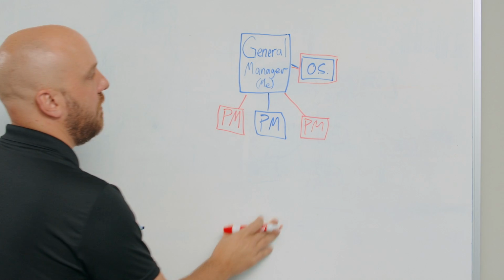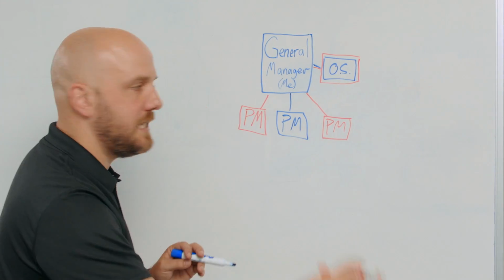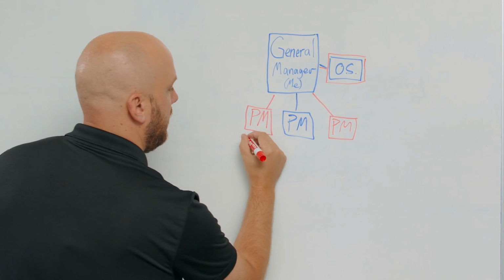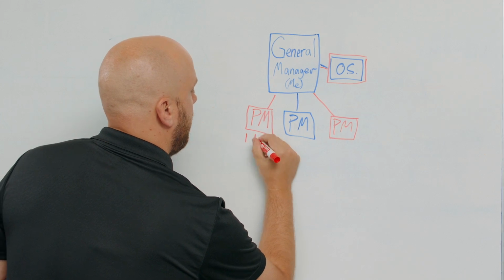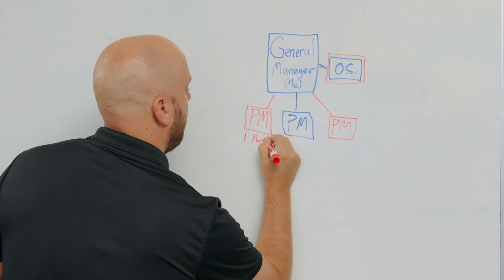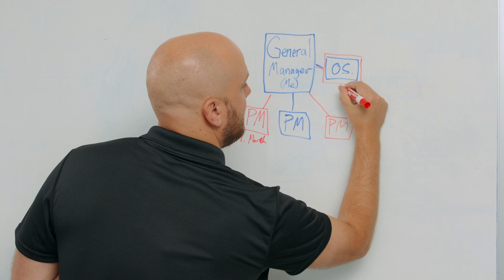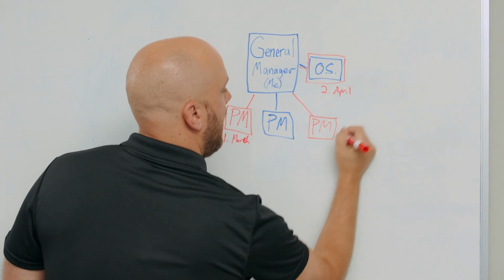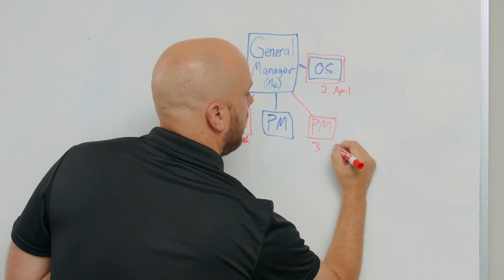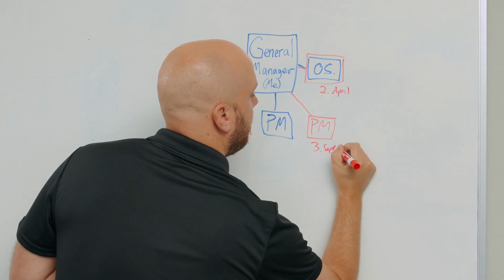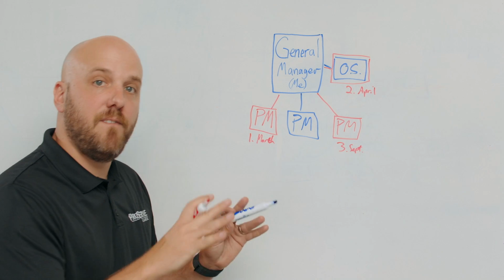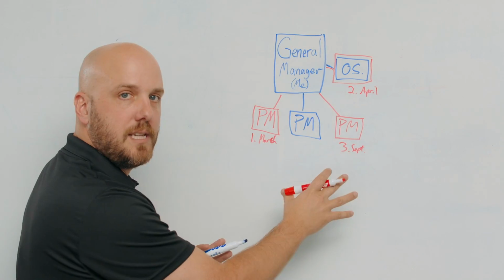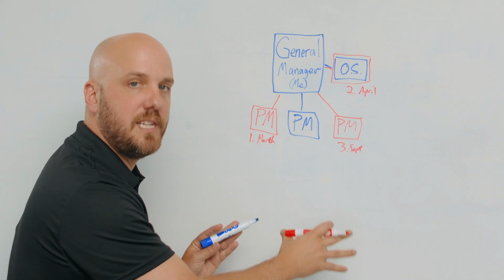So I draw this out. Blue is where we're at today. Red is what's going to change. I'm going to do this one in March, this one second in April, and then this one third in September. That's it. Very simple. Who is here today? Who is going to be here in 1 year from today?